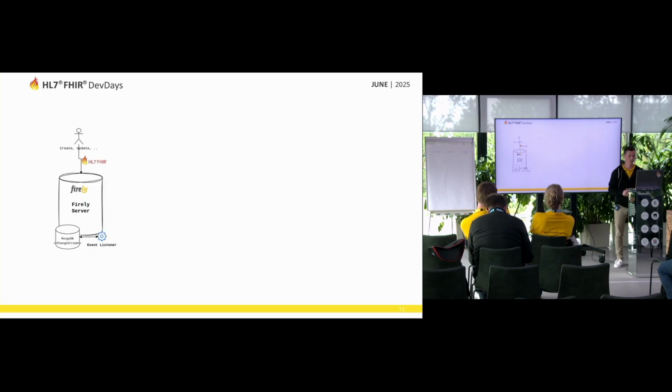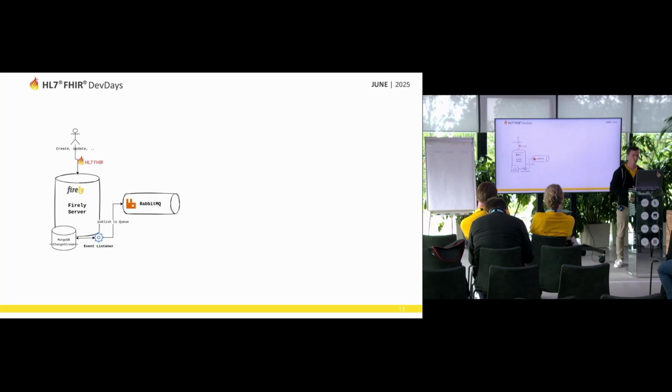And here it leverages the MongoDB change stream functionality, meaning that there is an event listener within the FHIR server core code that listens to changes on the database level. A change is, of course, when something new gets ingested there, and the event listener listens to those changes and then pushes them to a messaging queuing system.